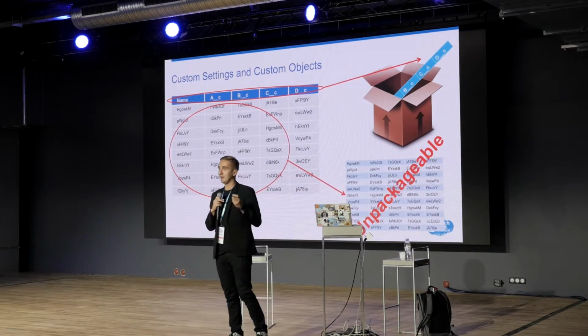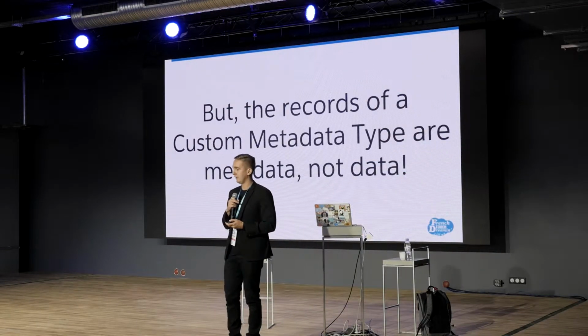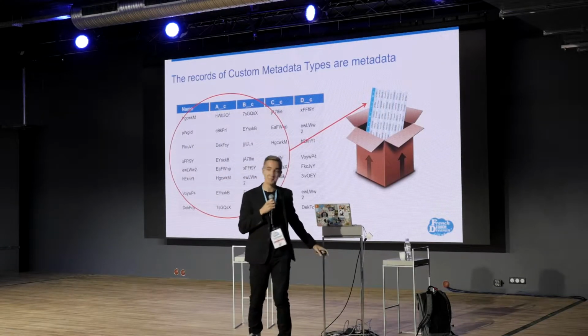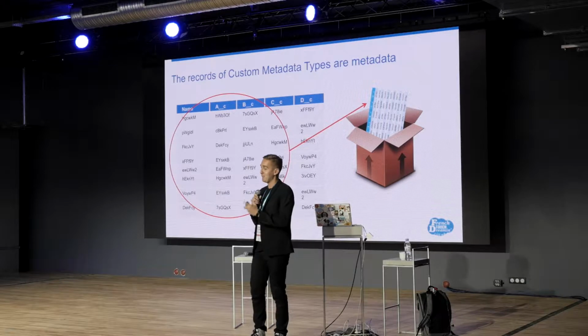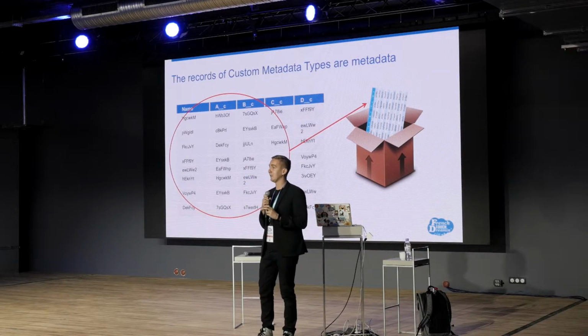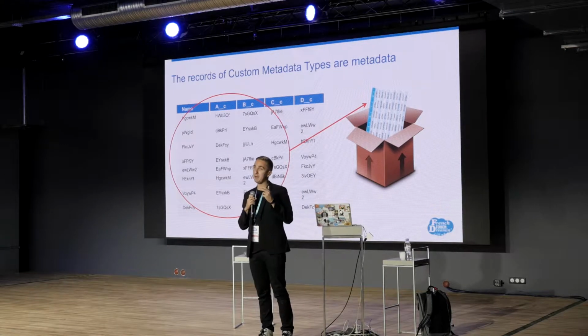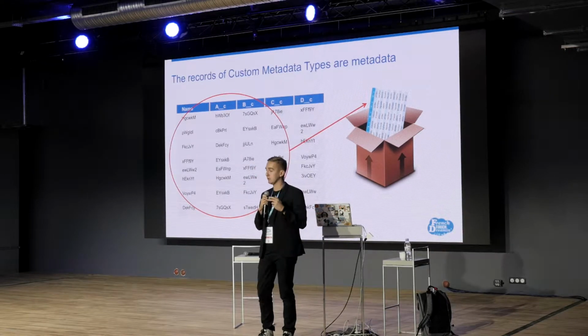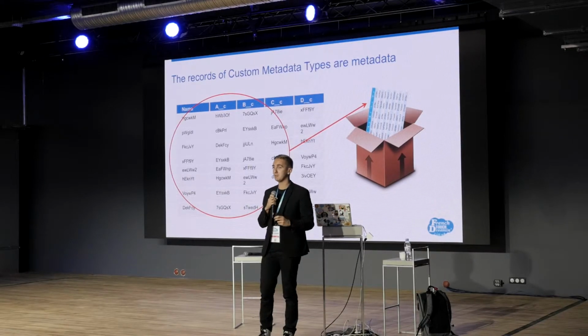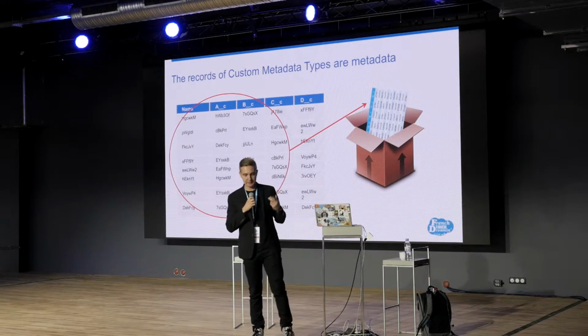So, remember that slide I mentioned? Records of custom metadata types are metadata, not data. And I found the spot where I cannot go further. That means that you can package the records of custom metadata types. Now you can develop everything you need for your app to be functioning, package it and deploy it, and subscribers get it working. No more post-deployment steps.